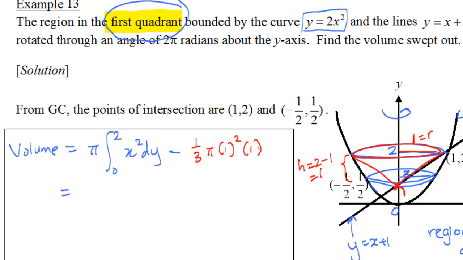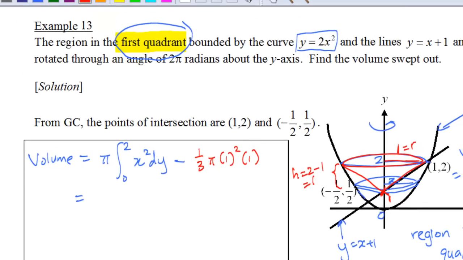So from here we need to substitute in our x squared for the blue curve here, because in the very first integral we are considering the rotation of this blue region, which is bounded by the parabola.